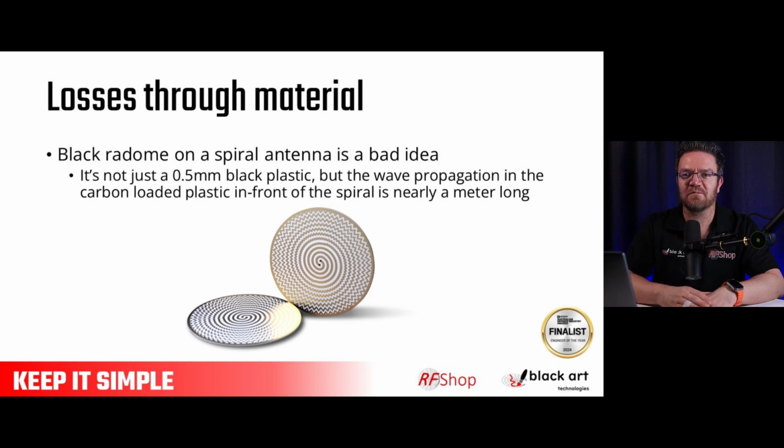So I had this brilliant antenna. It really performed well, because at the low gain, the low band of the antenna, which is on the outer areas of the spiral, there's nothing left. It was all gone. It was all dissipated in the radome itself. So that's an extreme example. We see FR4 also being very lossy, but losses in your material is something that you should just absolutely not forget. Okay, cool.